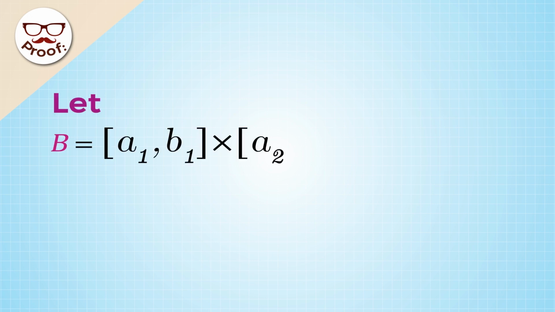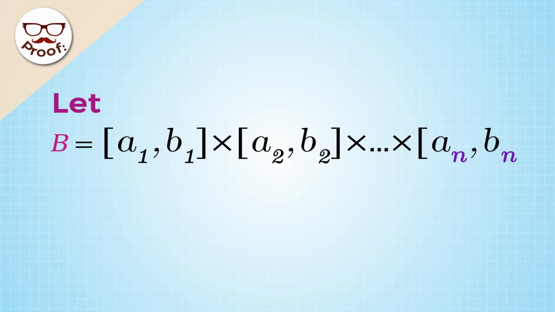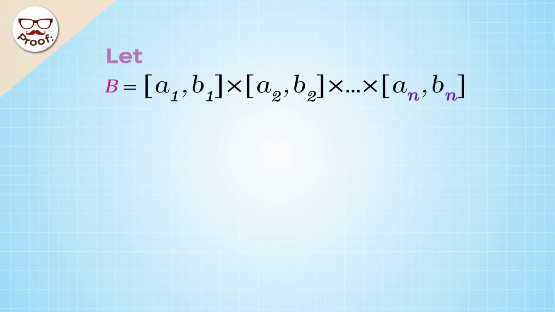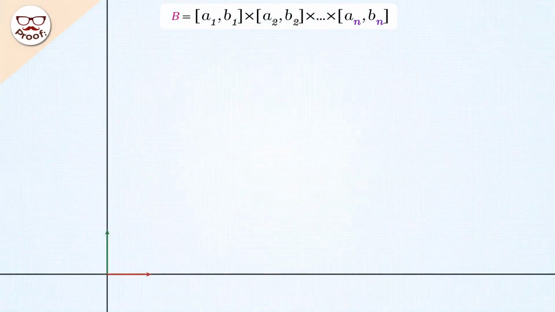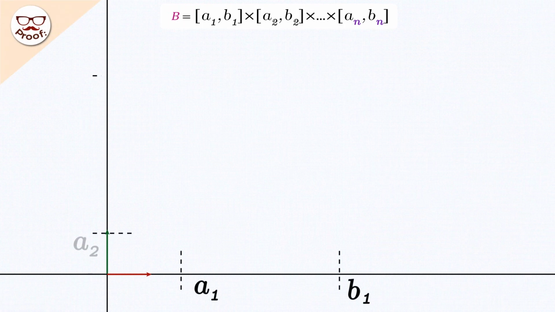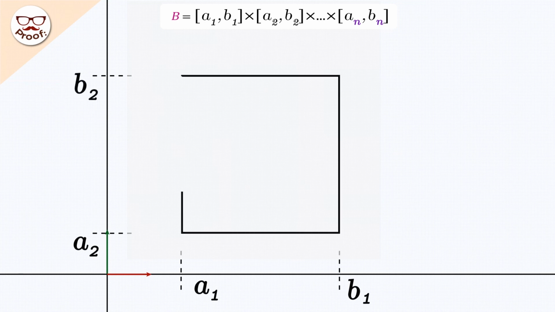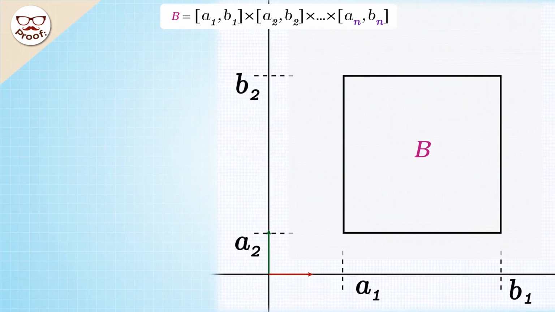Proof. Let B equal [a_1, b_1] times [a_2, b_2] up to [a_n, b_n]. Suppose B is not compact.